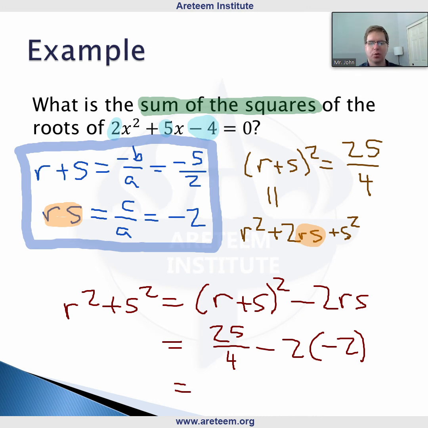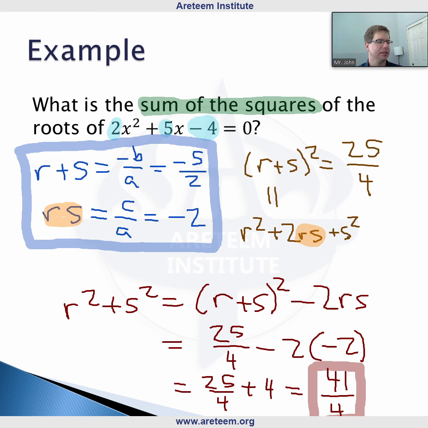So we have 25 over 4 plus 4. So this is plus 16 fourths. And so our final answer is 41 fourths in this case. So we've now done a little bit of a shortcut for calculating the sum of the squares in this scenario. This is our final answer here, our sum of the squares in this case.